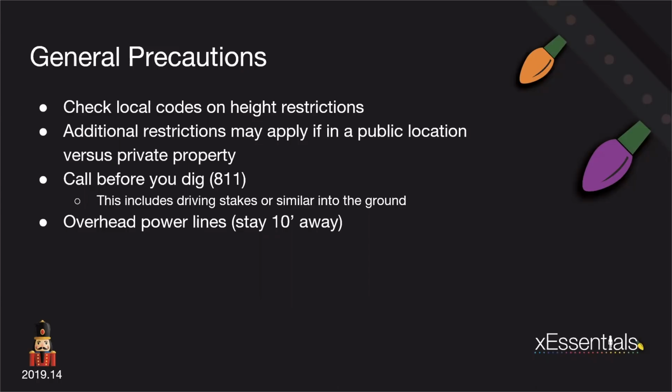Last thing is, if there are any overhead power lines, the general rule is you want to stay at least 10 feet away from them to avoid any arcing. Most of our poles are metal poles. You want to keep away from that, because in a wet, moist environment, you can easily get arcing to the thing. Not only could that fry all of your lights, but that could very easily electrocute someone.